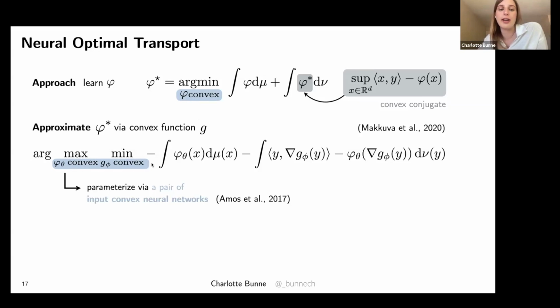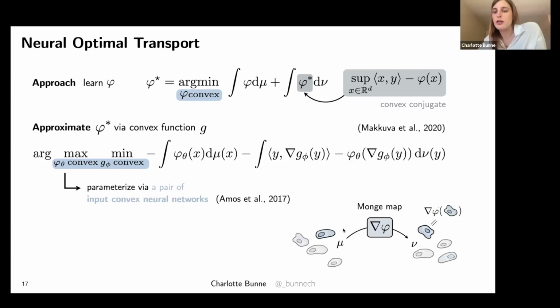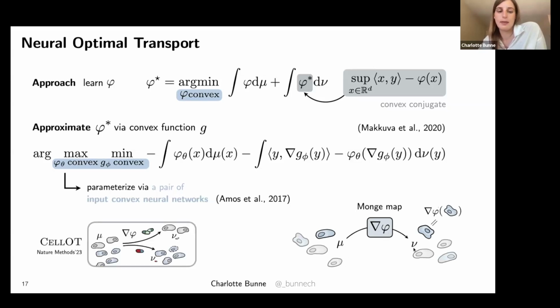Now here we have these convexity constraints that we can utilize, basically constraining the class of neural networks you're looking for by parameterizing them as input convex neural networks. And so now what we have is a parameterization of this Monge map that maps our unperturbed states into their perturbed counterparts. This is the core methodology we use in CellOT, the Nature Methods publication from last year.